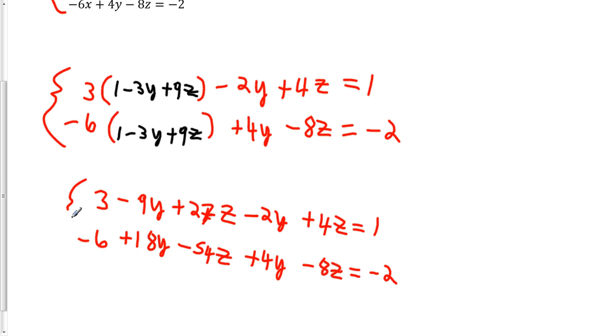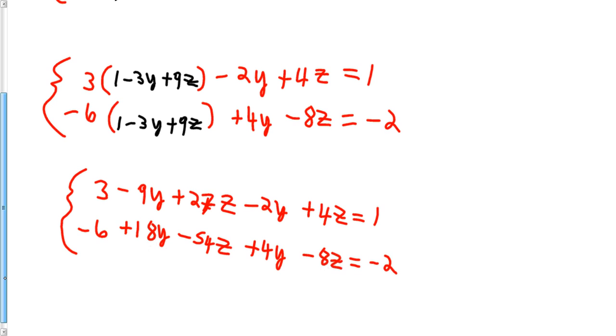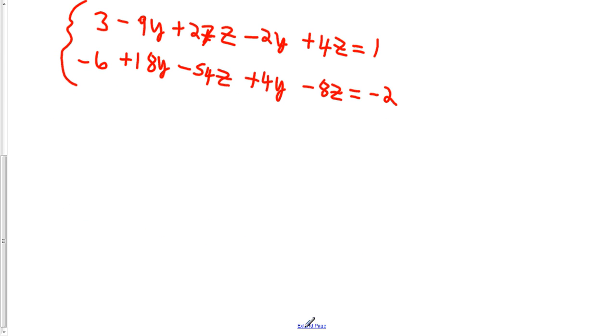So now I'm going to combine the like terms and move the constants to the right side. So the like terms here, I have negative 9y and a negative 2y, which when I combine them, I will get a negative 11y.